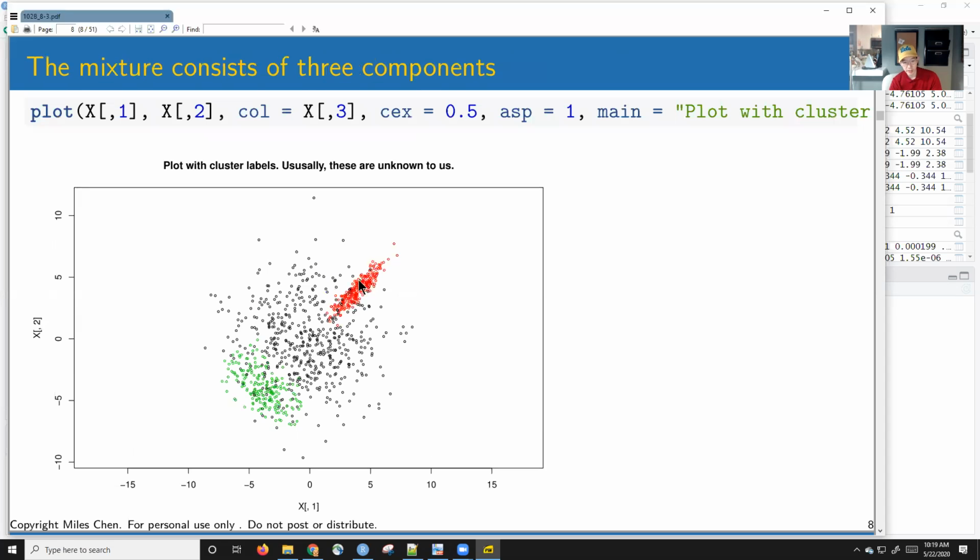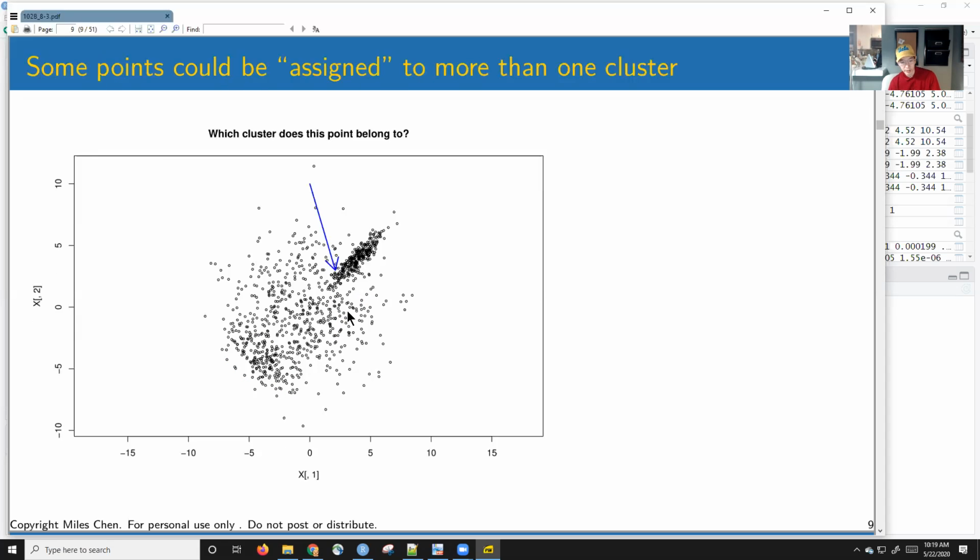Each point came from a cluster, and we mixed these different points together. But when we assign them to a cluster, we might want to give ourselves a little flexibility and have a probabilistic assignment.